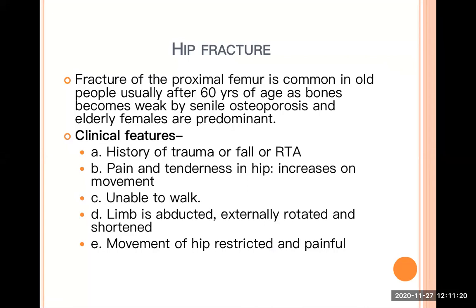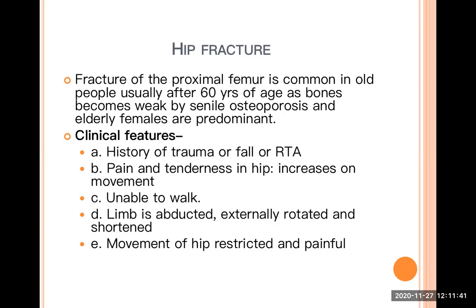And one of the very important histories you should never forget is when they slip in the bathroom or in the kitchen or on any floor, just slip mildly, and when they fall, they can easily break the femoral neck.